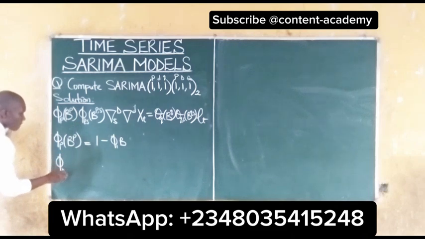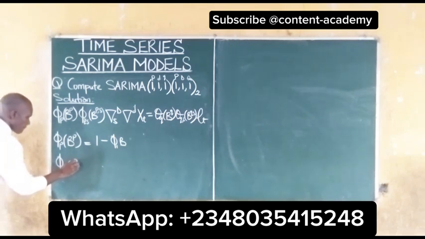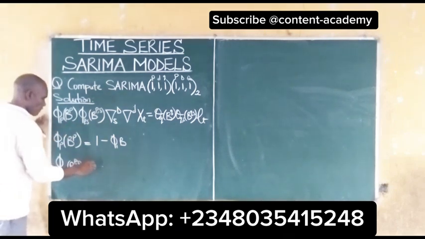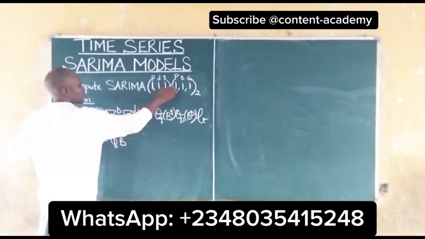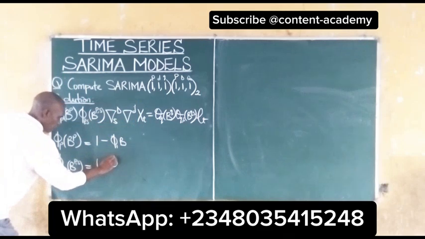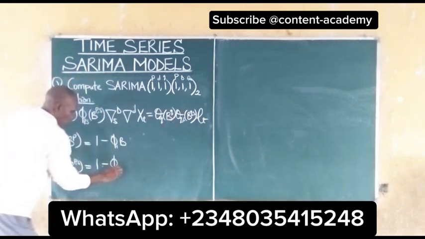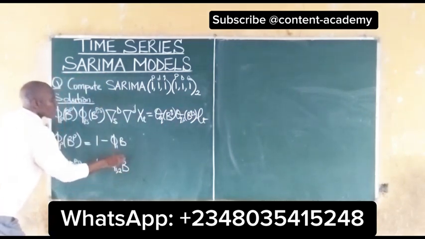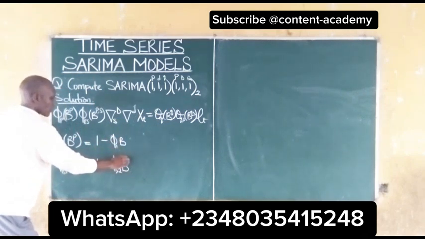For the seasonal part, we have the seasonal autoregressive part, and we have it as 1. So we have 1 minus phi 1,2 with our seasonality of 2.